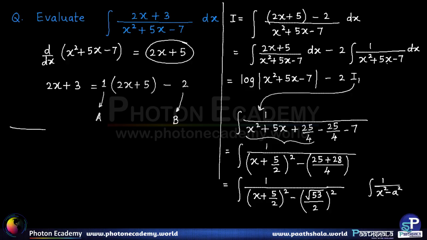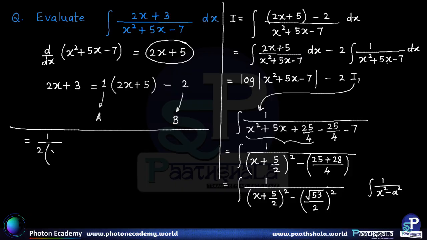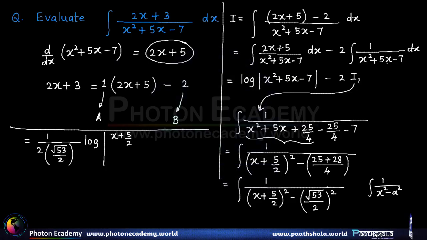So that can be written in the integral as, here we have 1 upon 2a, so that is 1 upon 2 into root 53 upon 2, log of mod of, in the numerator we have x minus a upon x plus a, so that is x in our case is x plus 5 by 2, right, minus a is nothing but root 53 upon 2, whole upon x plus 5 by 2 plus root 53 upon 2.